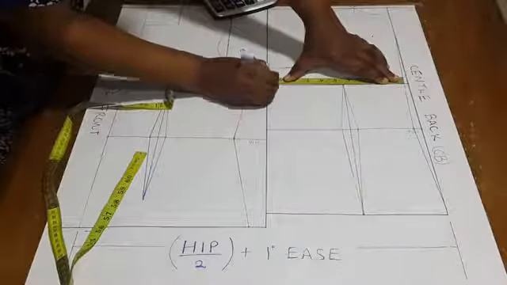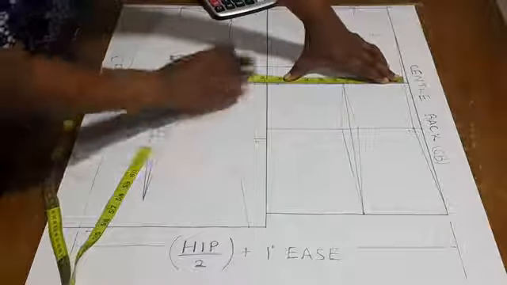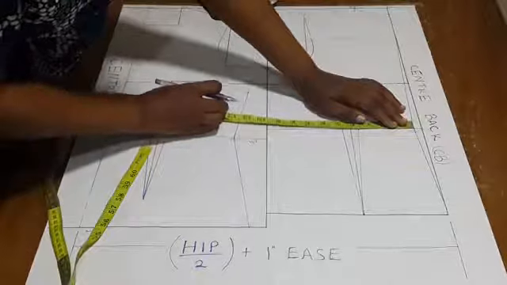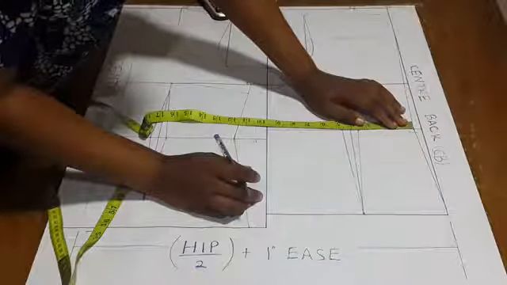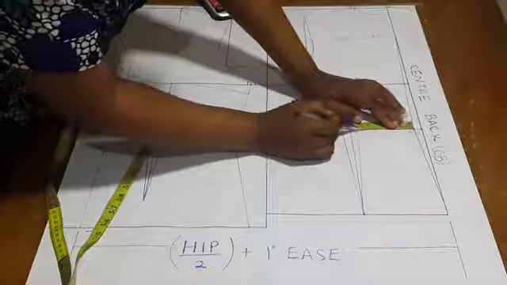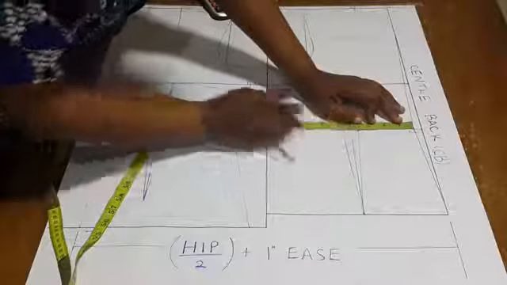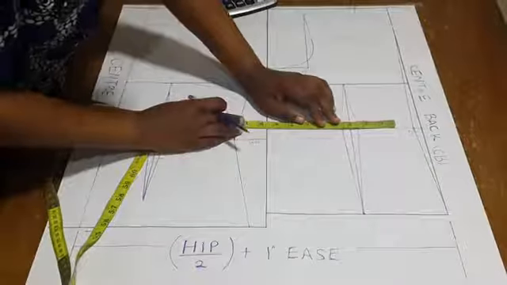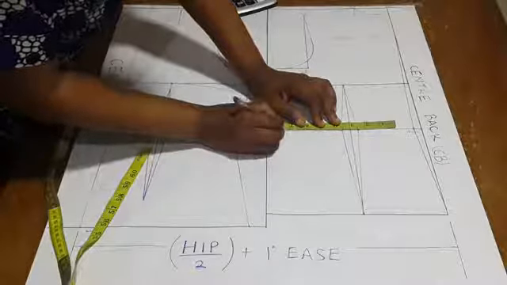So this is it. 36 divided by 4 gives us 9. So here was 7.25 for our back waist circumference. So I have here 3.5 inch. I jump this dart size and I come and continue my measurement here to my 7.25.